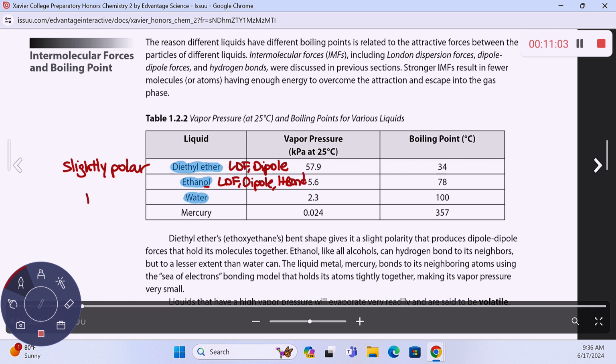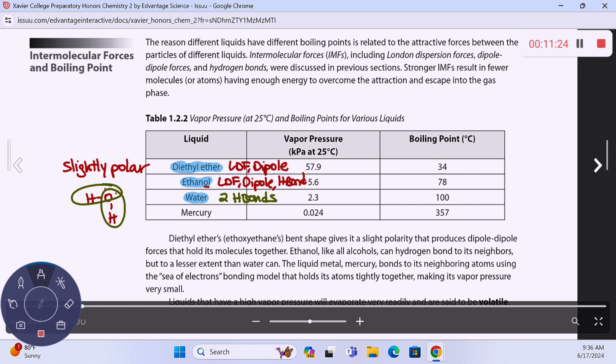Water technically has got two locations where it could hydrogen bond. Okay, so it could hydrogen bond here or here, right? So we've got two hydrogen bonds. These things will influence their vapor pressures and their boiling points.